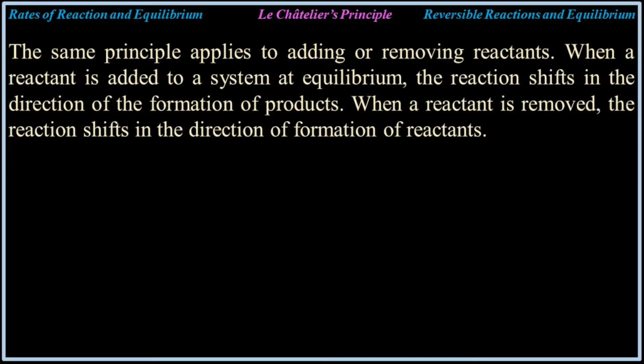The same principle applies to adding or removing reactants. When a reactant is added to a system at equilibrium, the reaction shifts in the direction of the formation of products. When a reactant is removed, the reaction shifts in the direction of formation of reactants.